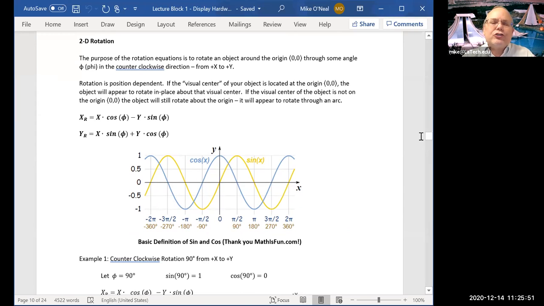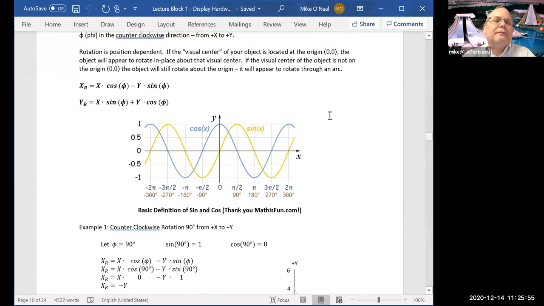So what are the equations for this? Well, x rotated is equal to x times the cosine of the angle, minus y times the sine of the angle. And y rotated is x times the sine of the angle plus y times the cosine of the angle.